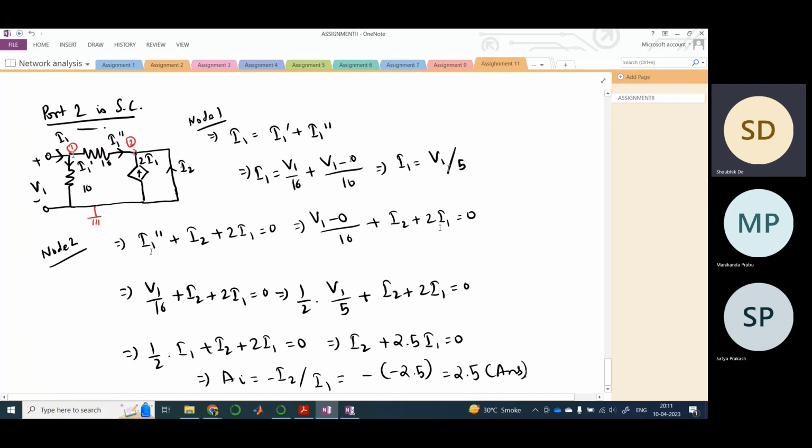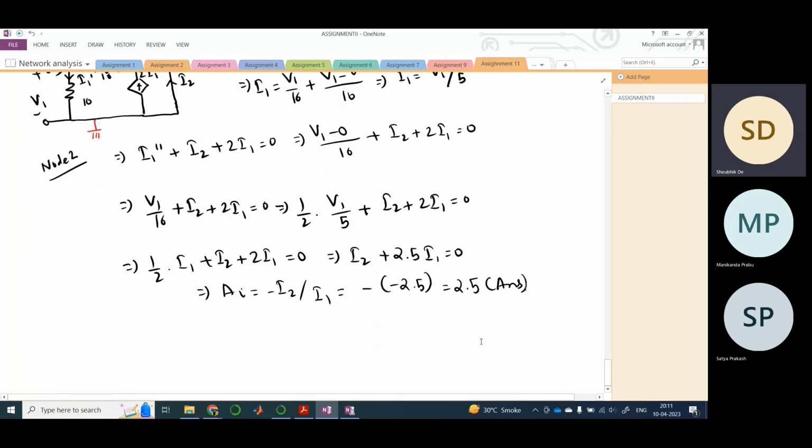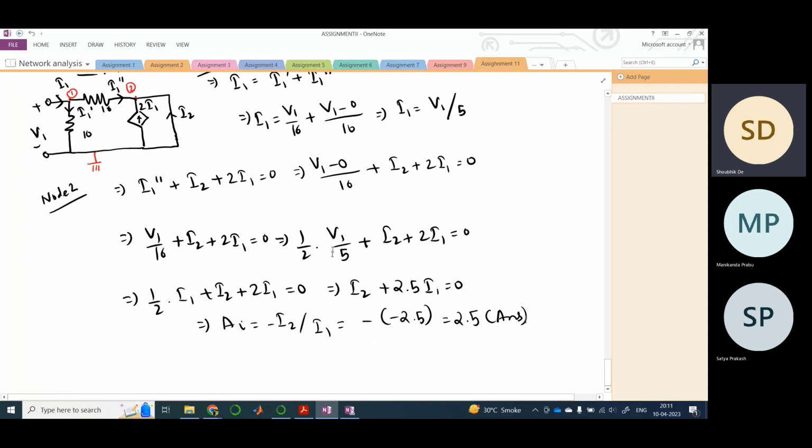I2 and I1 are the same as it is. Now we can write V1 by 10 is nothing but half into V1 by 5, and we just found out V1 by 5 is I1, so I substituted this here, and from this we get I2 by I1 is minus 2.5, therefore minus I2 by I1 is 2.5. So that is the answer.